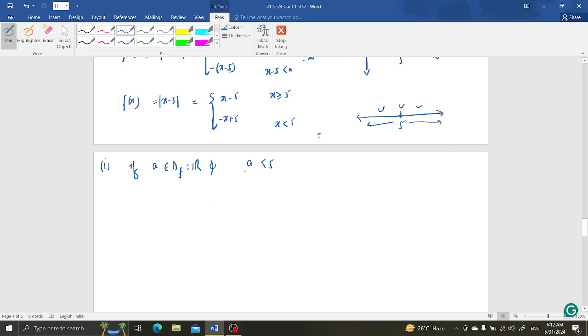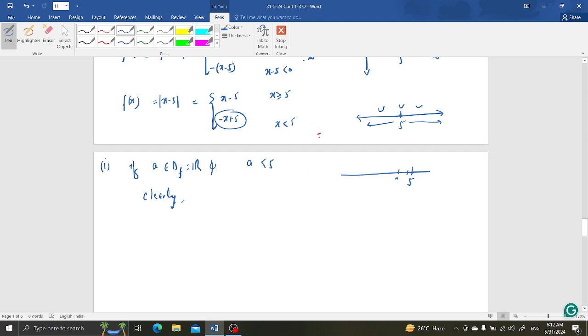Now before 5, the function is defined as minus x plus 5. It is a polynomial, right? We already discussed that every polynomial is continuous in its respective domain, and here the domain is defined as x less than 5. Because a is less than 5, a is guaranteed not equal to 5.